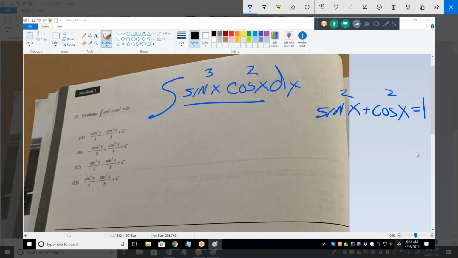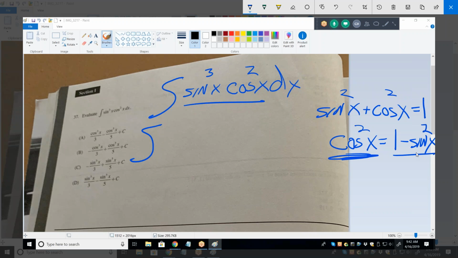Therefore, what's cosine squared equal to? 1 minus sine squared. This is the one we want to use because we can turn cosine squared into 1 minus sine squared.